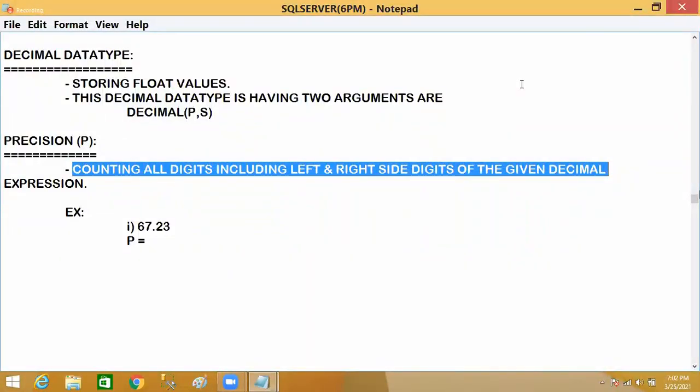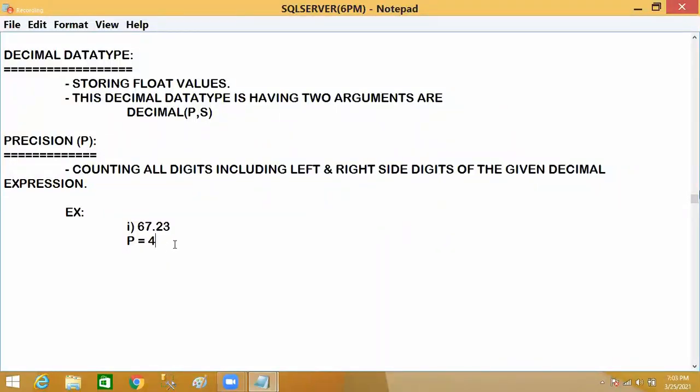So just count the left side and right side digits in total. How many digits are there? 4 digits are there. That is what we call precision.